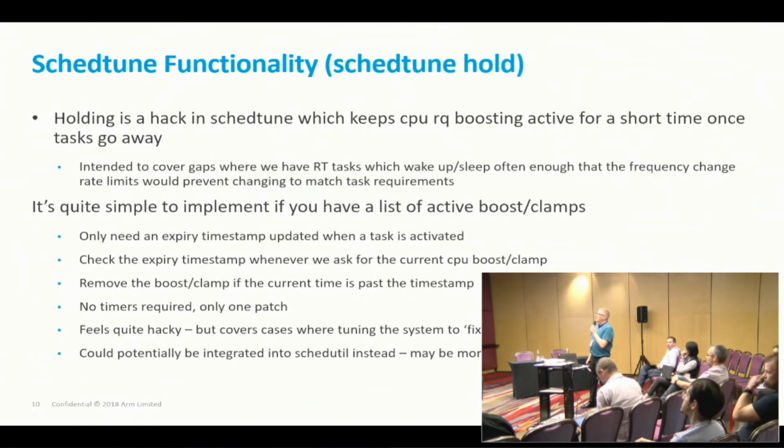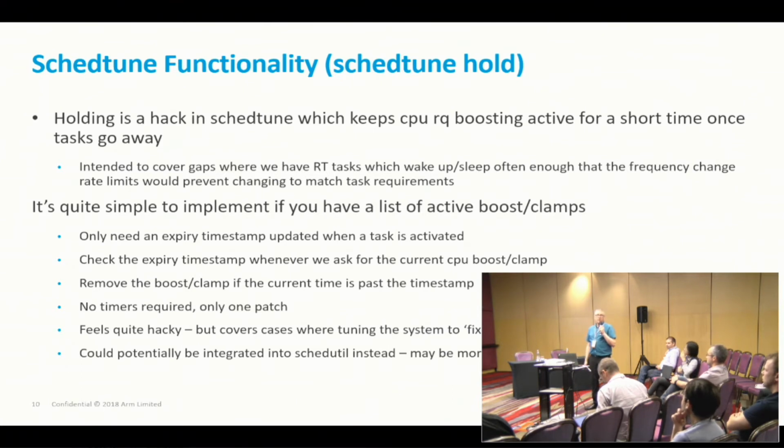And then there's one more thing in SCED-tune which we don't really have a solution for upstream, and that's a feature called SCED-tune hold, which I know quite well because it's a hack of mine. Essentially we had a problem where we would have RT tasks which wake up and go to sleep quickly enough that you've changed frequency in SCED-util, and then you're not able to ramp the frequency back up when the task wakes up again.